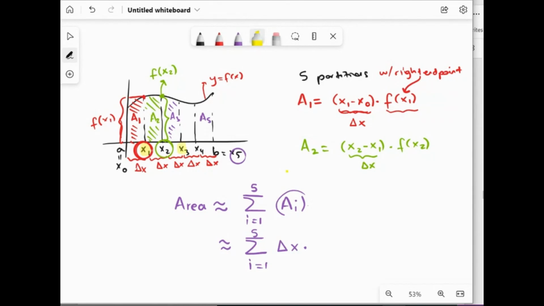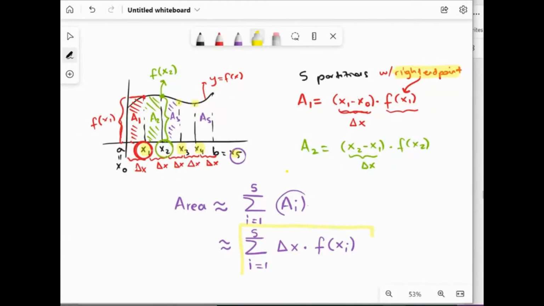Well, the height depends on the, in this case, we chose it to be the right endpoint. So we can say the height will be found by plugging in the right endpoints into the function formula.